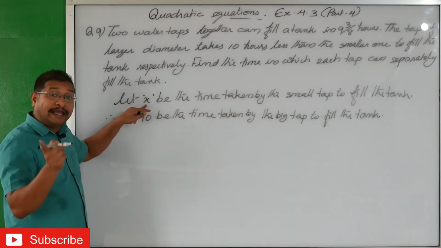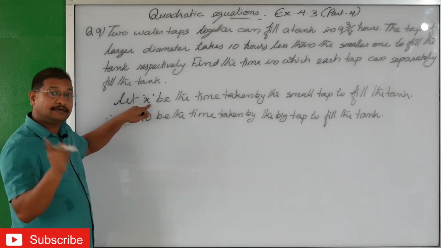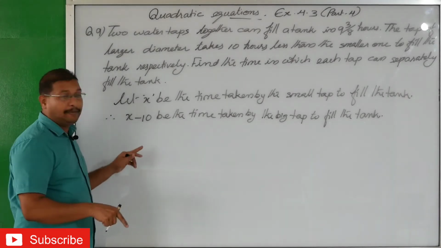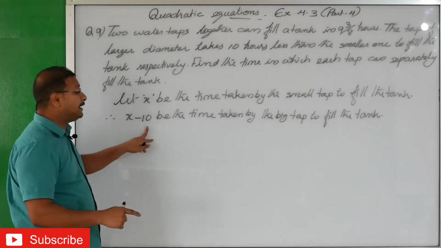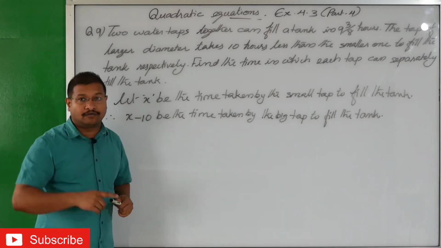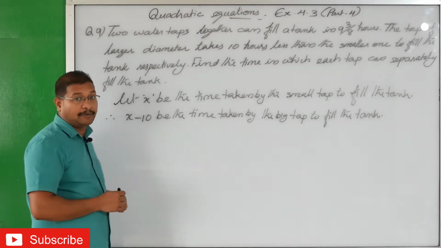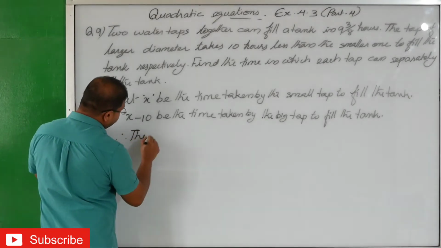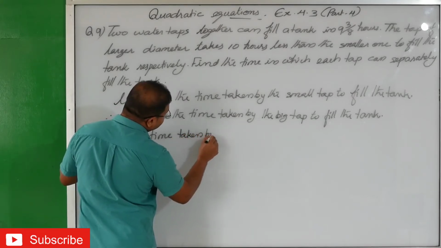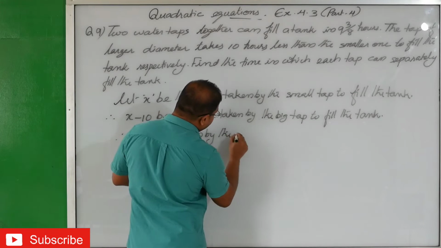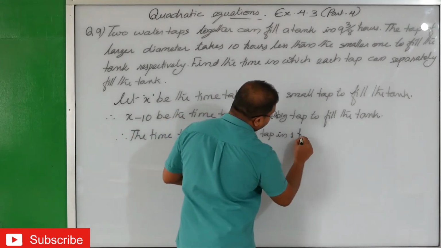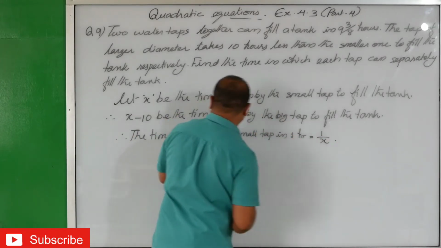The total time taken by the small tap to fill the tank is x, and the total time taken by the bigger tap to fill the tank is x minus 10. Now, the work done by the small tap in 1 hour. So we'll write now, therefore the time taken by the small tap in 1 hour equals 1 by x.